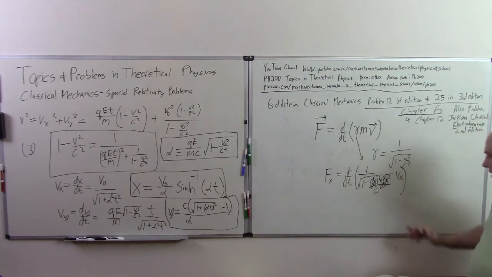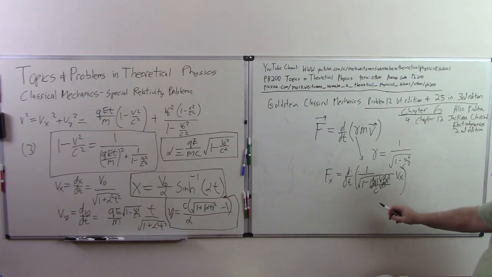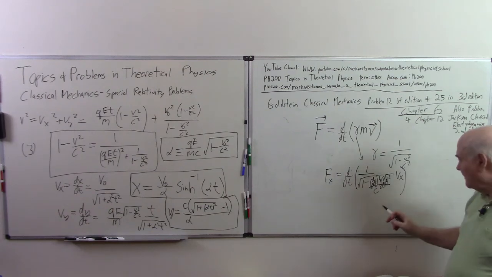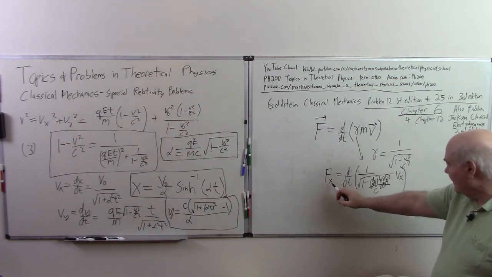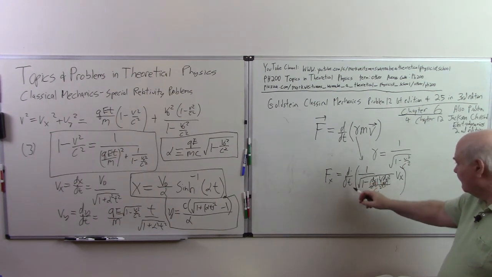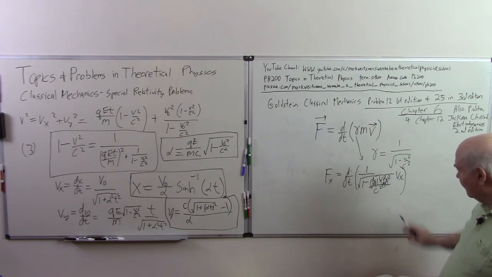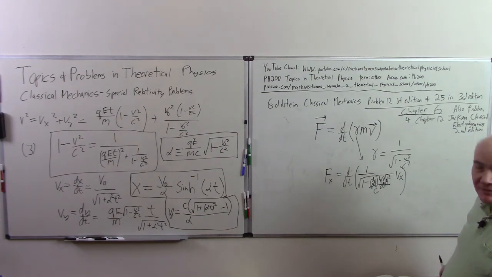So this is the difference between special relativity and Newtonian mechanics, is that the force couples not just to the x component velocity and derivative, but it also has the y component of velocities. And that's what makes, sometimes, some interesting effects.